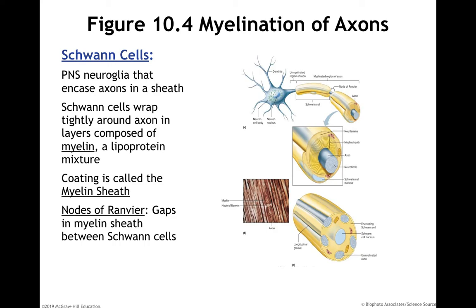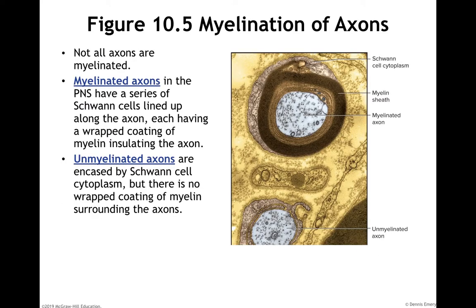The spaces between the Schwann cells are known as the nodes of Ranvier. They are not myelinated at those points, and that's important when we talk about saltatory conduction in myelinated axons. They're not all myelinated.